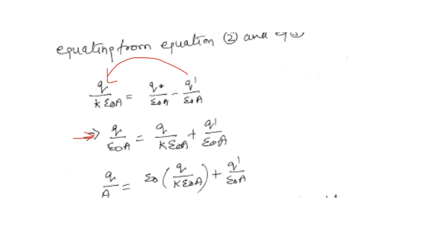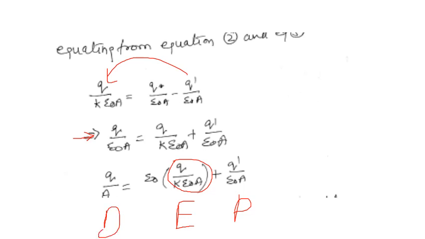Now this portion Q upon A can be written here and epsilon 0 can be passed here. Now this Q upon K epsilon 0 A, we know this is called E. This is called E and this is termed as D.